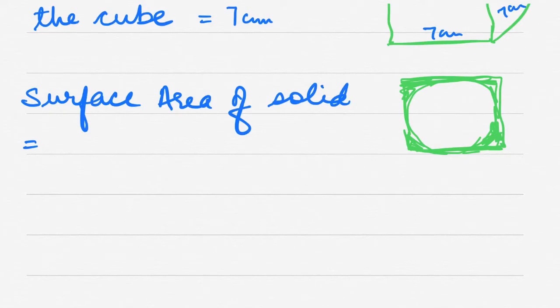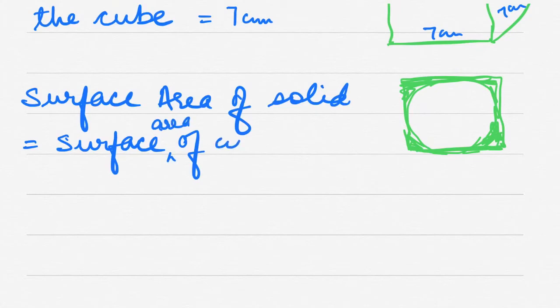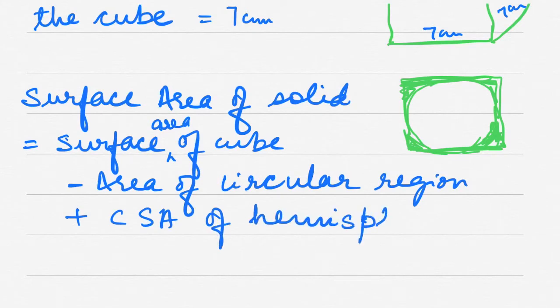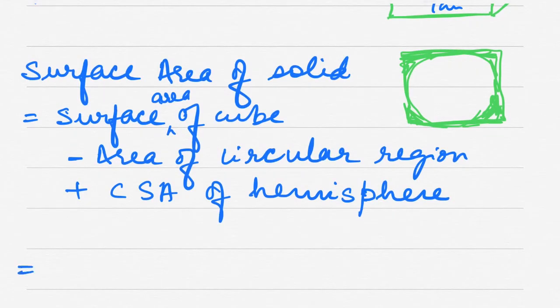So the total surface area will be the surface area of cube, but I have to subtract the area of the circular region because on the top I can't see it, and I have to add the curved surface area of the hemisphere. This will be my total surface area of the solid.